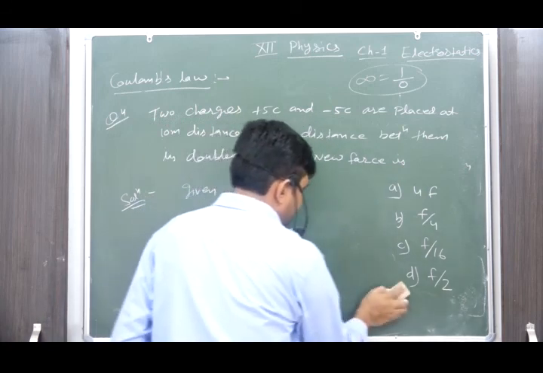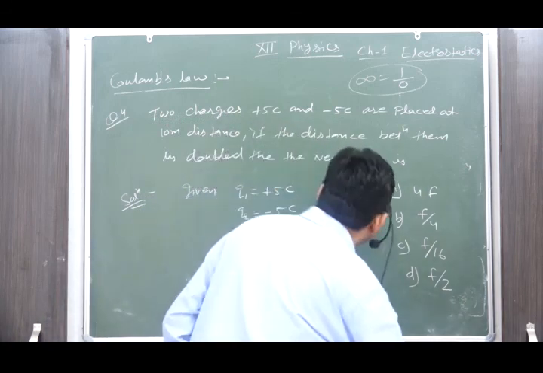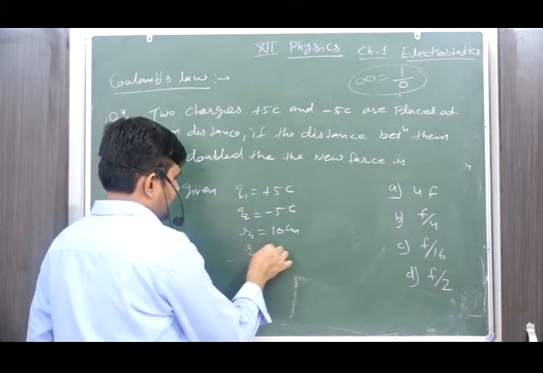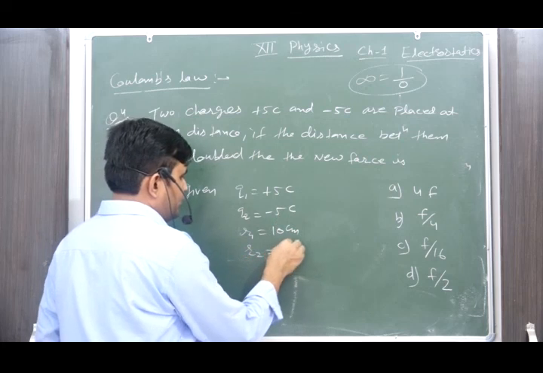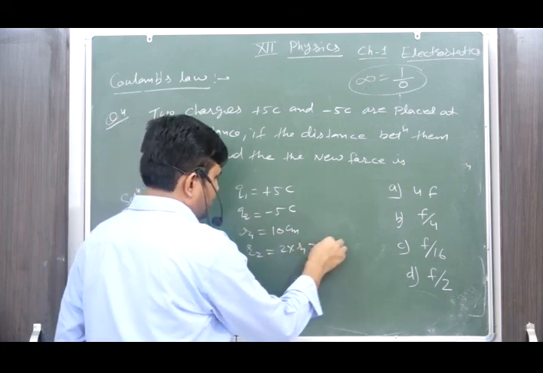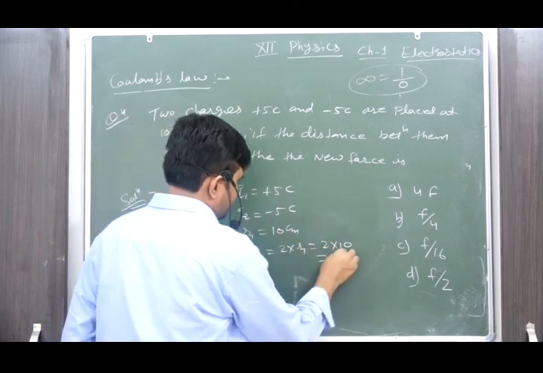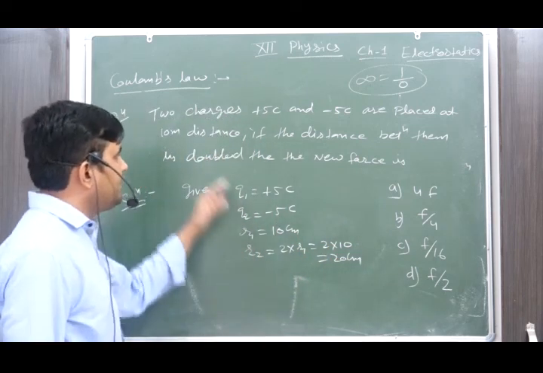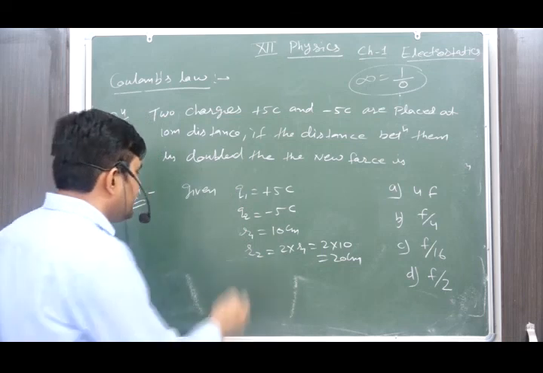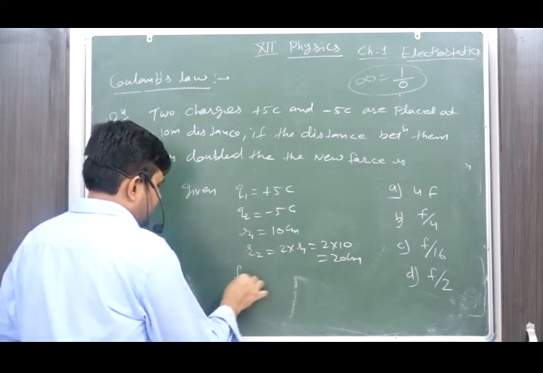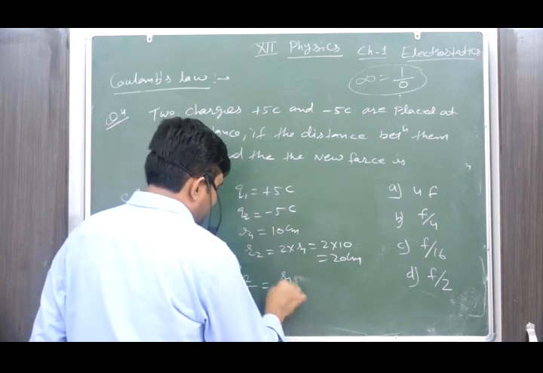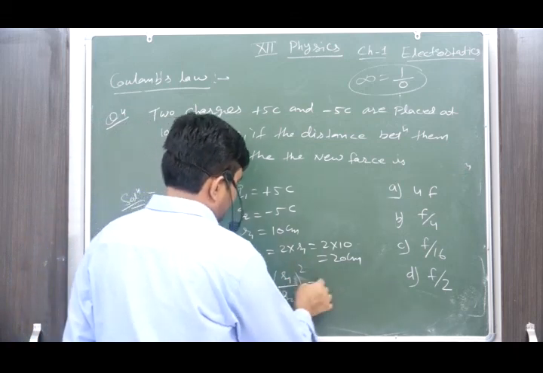Next we are going to solve as per the question. If the distance is doubled, my dear students, what is R2? It is 2 into R1, equal to 2 into 10, which means 20 centimeter. But here there is no need to find this. We just write F2 upon F1 equal to R1 upon R2, all square.